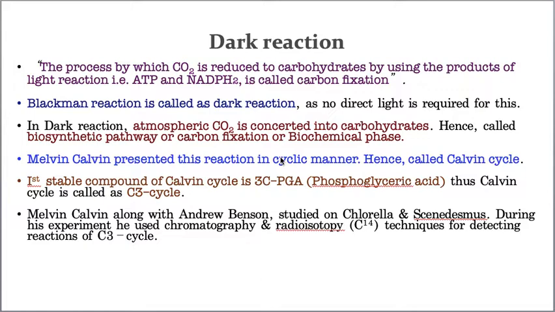In the dark reaction, the atmospheric, I mean gaseous, carbon dioxide is taken in by the plant through stomata, because the leaves of the plant consist of stomata. Actually, in dicots the stomata are present towards the lower epidermis, whereas in monocots they are present on both the upper and the lower epidermis.